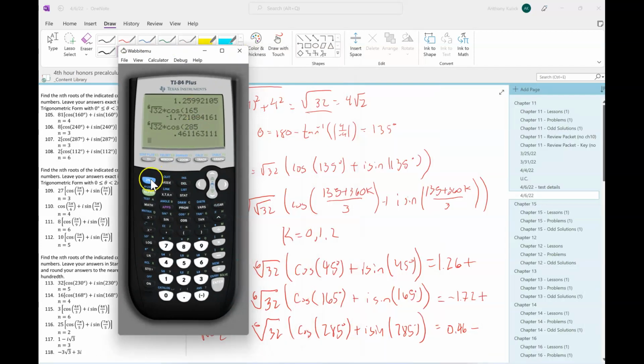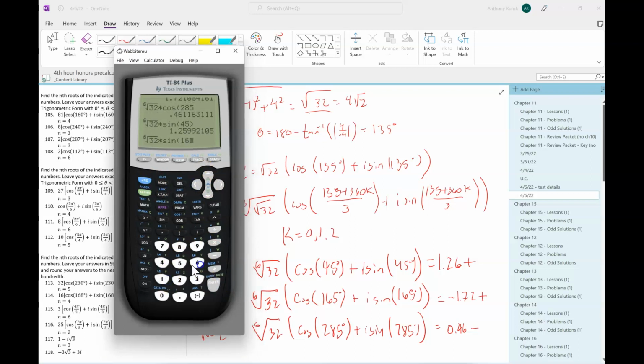And then we'll just do the same thing now with sines, right? So scroll back, oops. Sine 45, sine 165, and then sine 285.